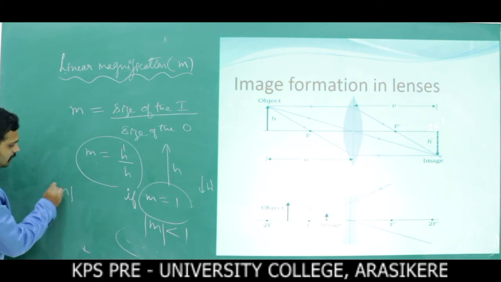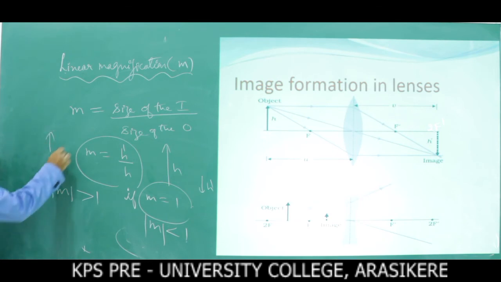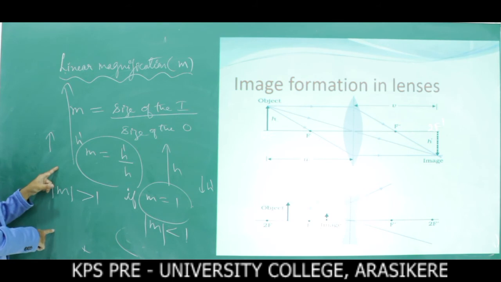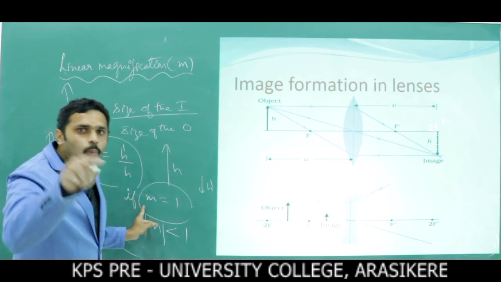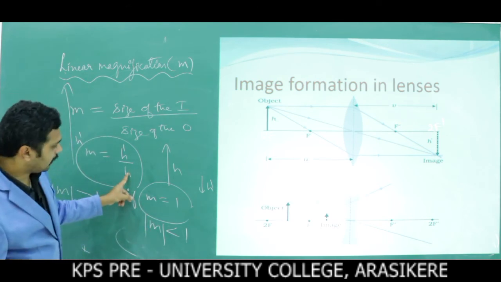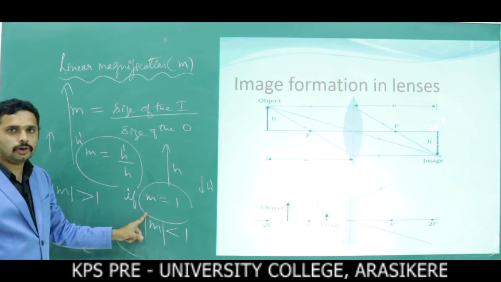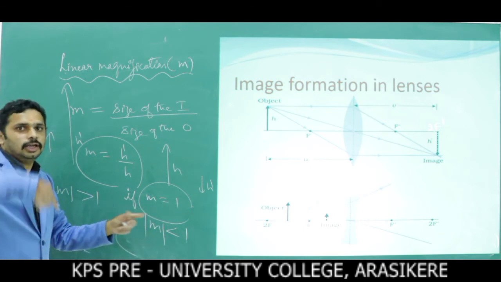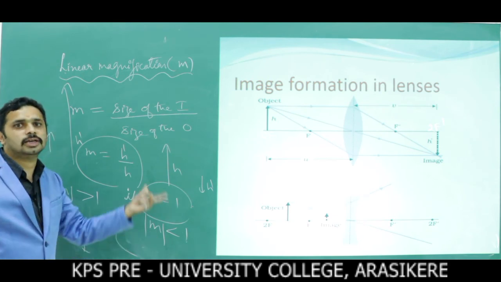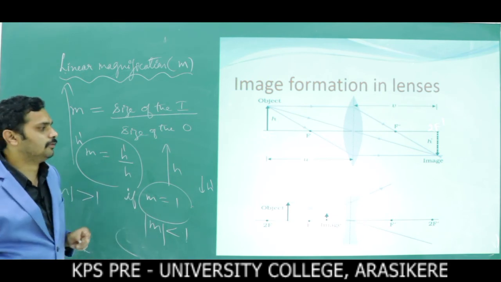Then the magnification is greater than 1 if the object height is small and the image height is large. The image height comes out larger, so the magnification is greater than 1. Magnification is a number with no unit. Just by using this number we can tell the nature of the image: whether it is an enlarged image or a diminished image.